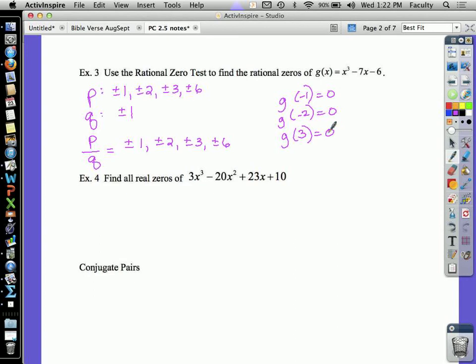Yeah, if you look, this is degree 3, so there's only 3 possible zeros. It doesn't mean they're always all 3 rational, but you're right. So x equals negative 1, x equals negative 2, x equals 3 are zeros. They're actually rational zeros of g of x.